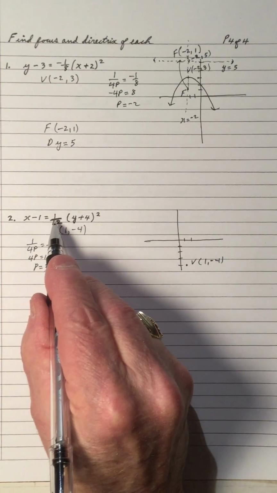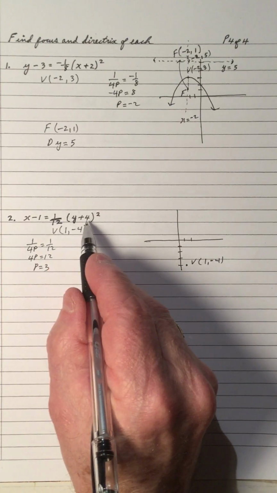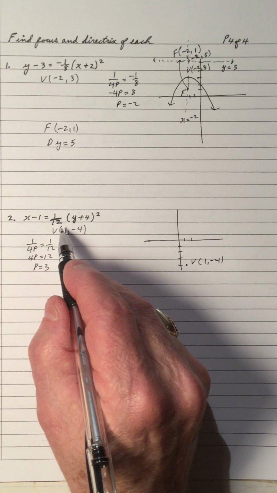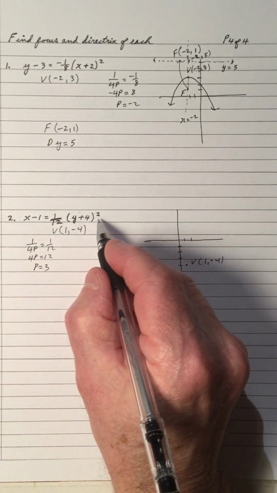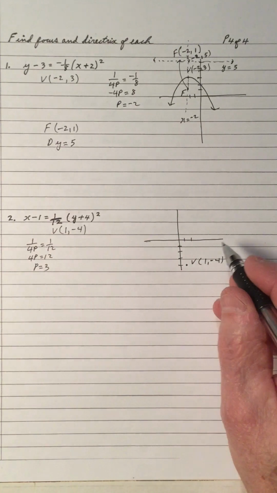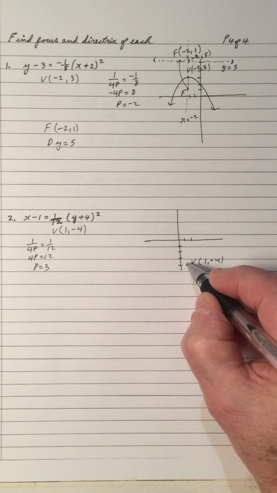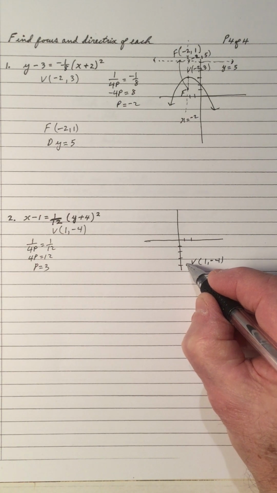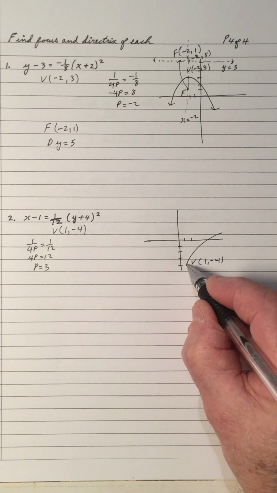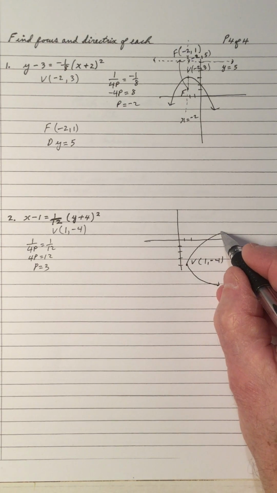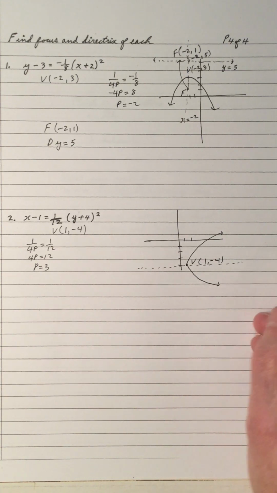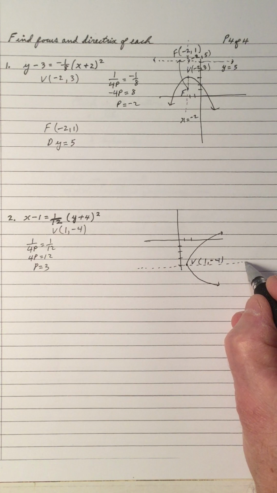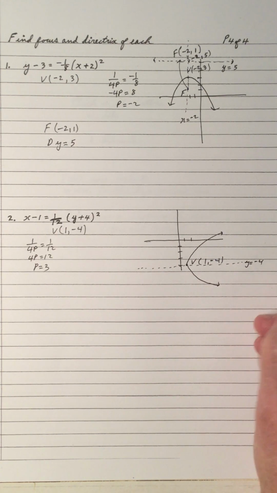So because this is positive, then the parabola is going to move to the right. Again, x equals y squared, it moves left or right depending on what p is. So there's the vertex, so the parabola moves to the right because p is positive. So the axis of symmetry is through here, and so it's y equals negative 4.